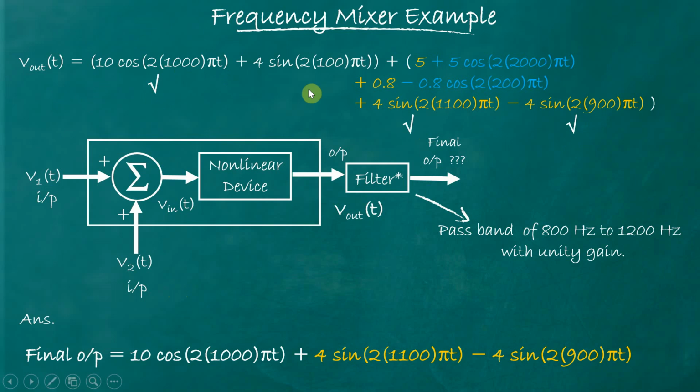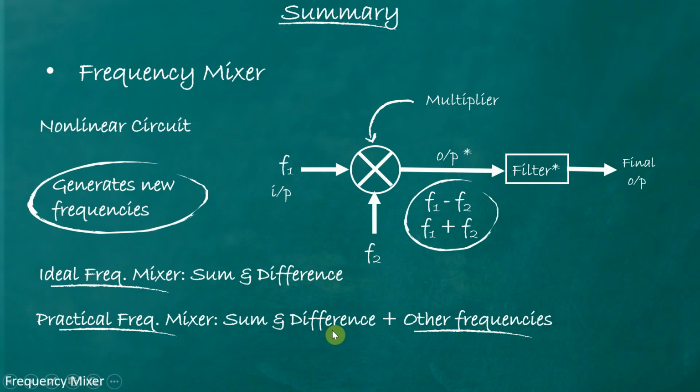These three terms you have to represent as the output terms. So the final output I have mentioned here. Clear? This way, according to our requirement, we need to design the filter circuit.